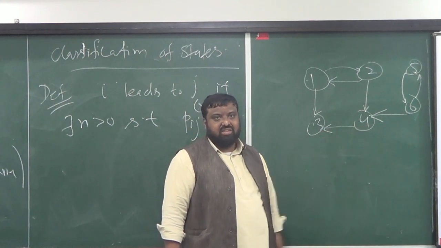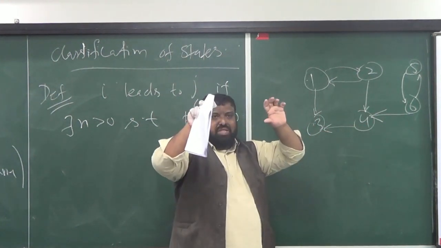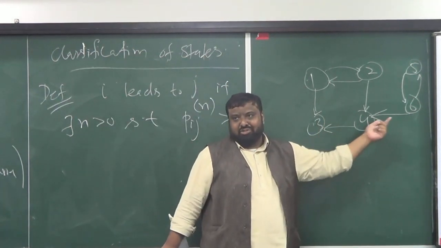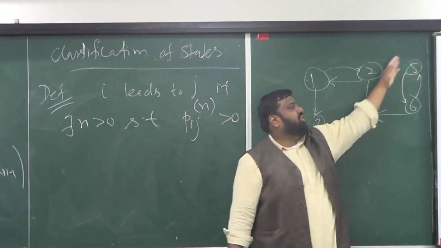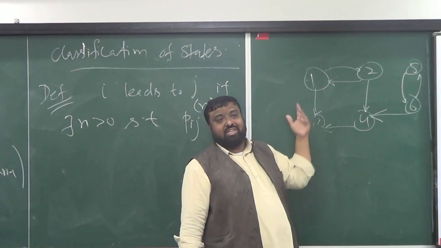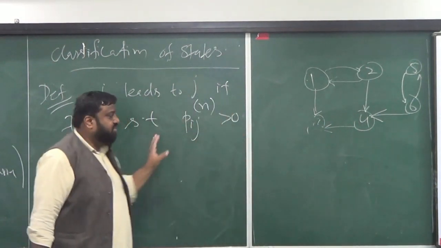So I can treat this as basically 2 small chains connected with this arrow. This has a chain, this has a chain. Not a chain, but I'll call it a class. You can see what I mean.